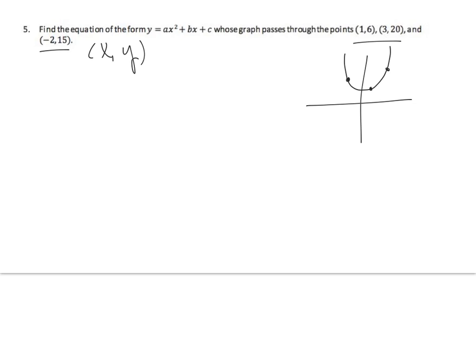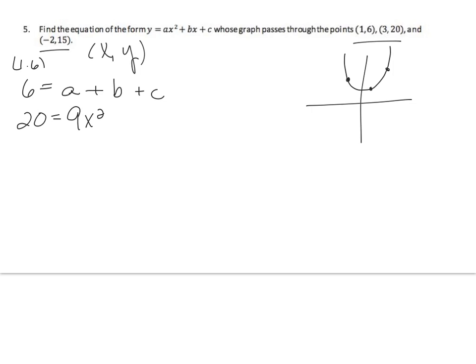So we'll have 3 equations. Let's go ahead and plug our x, y in. First of all, we have y equals, x is 1. So we're doing the 1 comma 6. So a times 1 squared plus b times 1 plus c. Then we can do 3, 20. 20 equals ax squared. So 3 squared is 9.